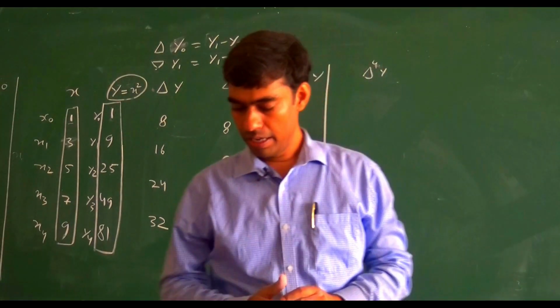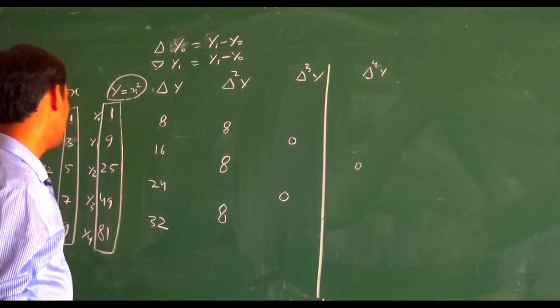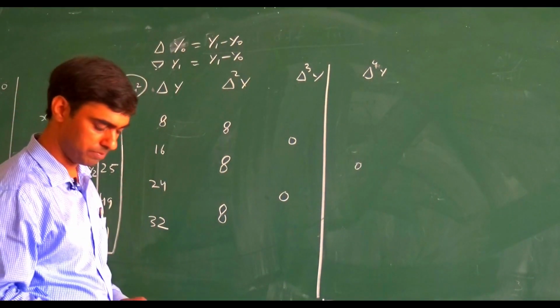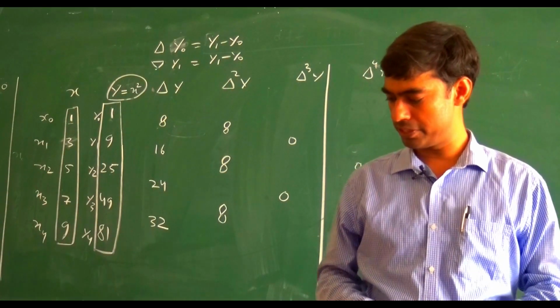So theoretically we try to prove these results. As we see here, the nth difference of an nth degree polynomial is a constant, or the n plus 1 difference of an nth degree polynomial is 0.